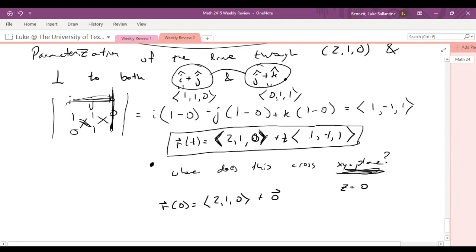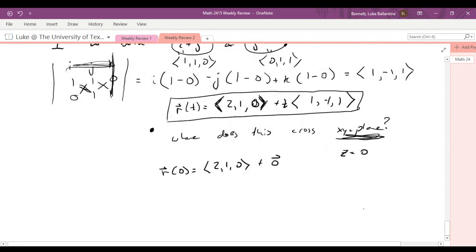All right. So we got 10 minutes left. Are there any questions, first of all? When does it pass the xz plane? Yeah, that's a good question. So let's look at the xz plane. This is the z-axis, this is the x-axis, this is the y-axis.